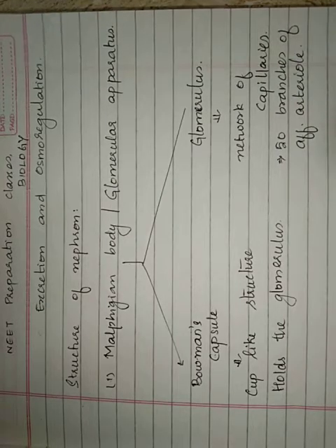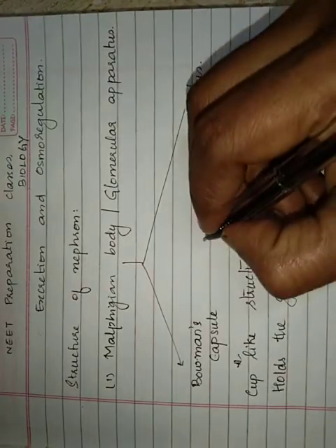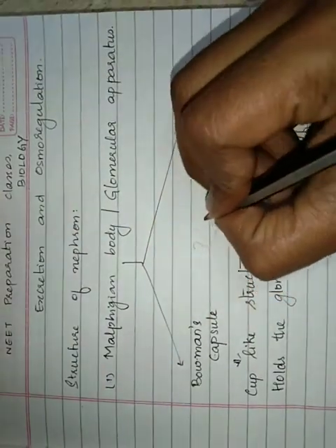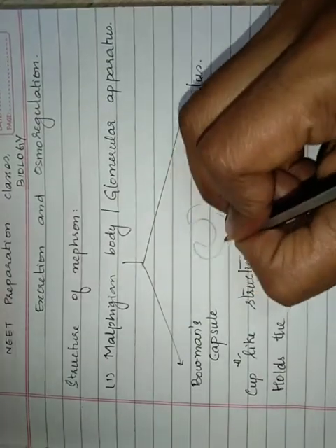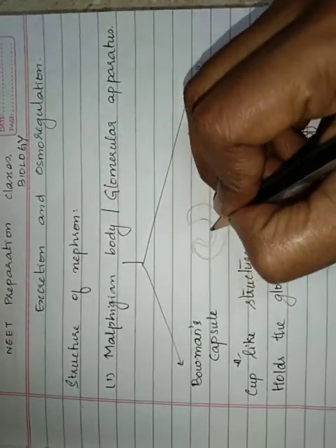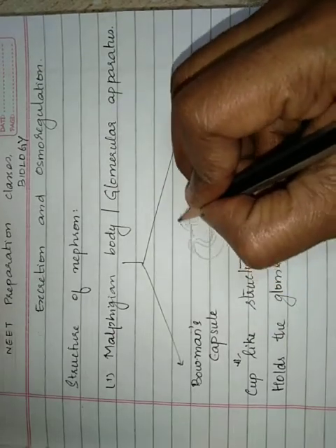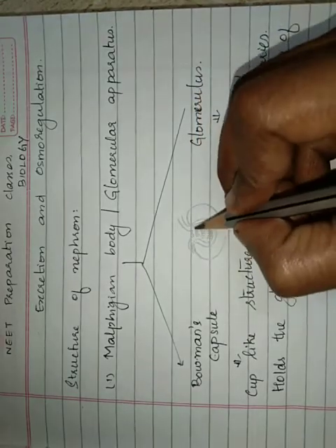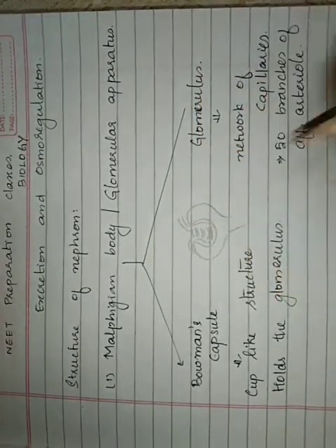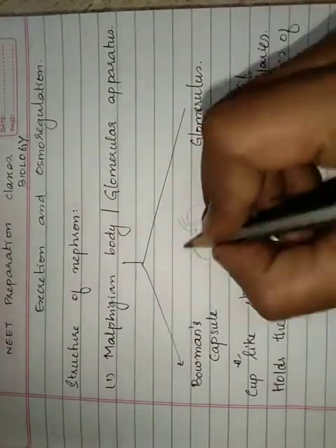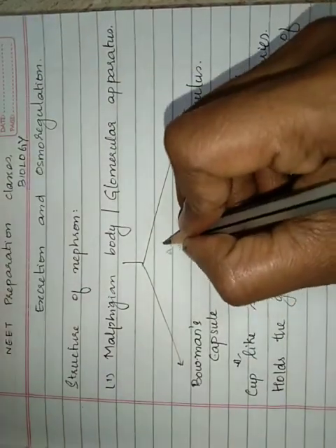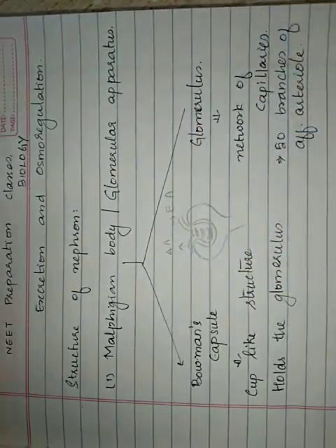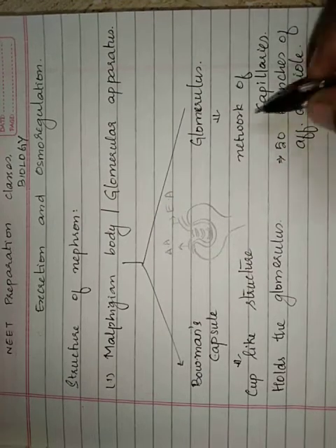So if this is the Bowman's capsule, the glomerulus, that is the network of capillaries, is going to be present inside it. We show it as a single network here, but inside there are nearly 50 branches. What is coming in is called the afferent arteriole, and what is going out of the Bowman's capsule is called the efferent arteriole. We have already seen this. So this is the glomerulus part.